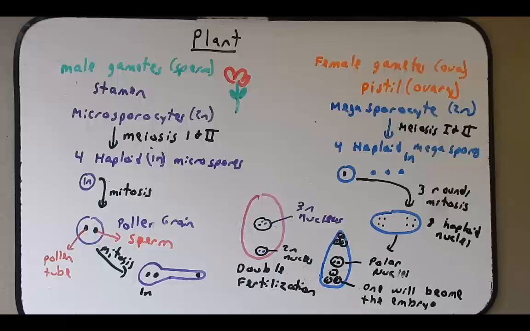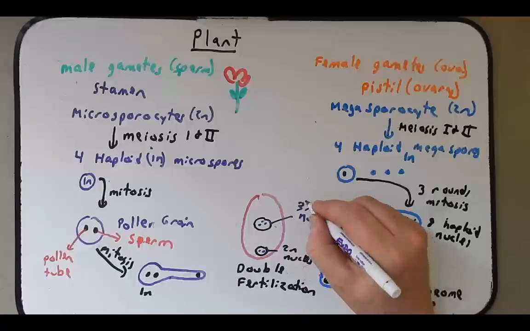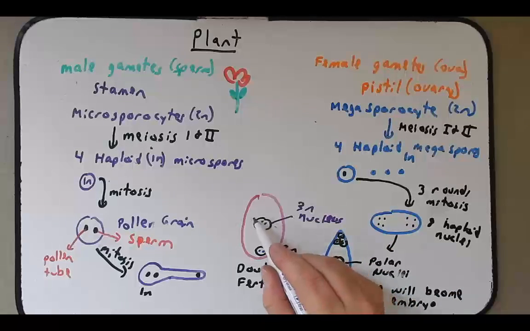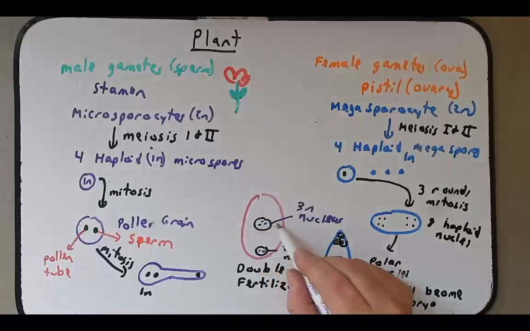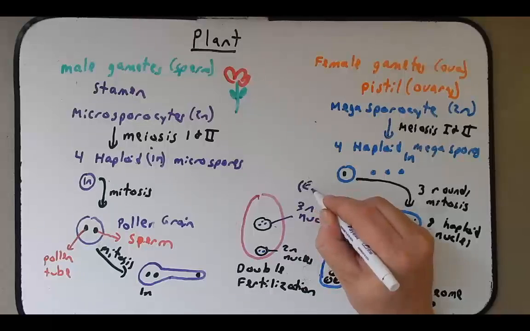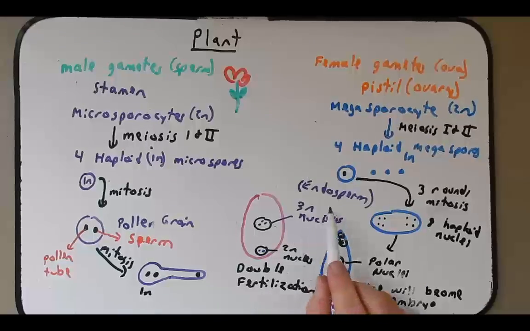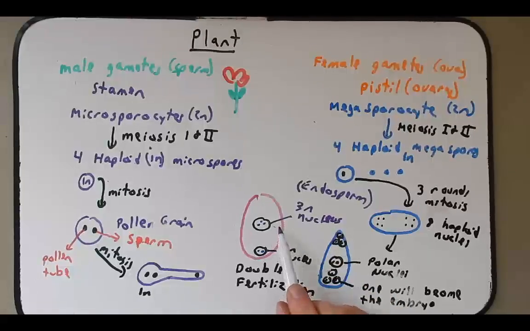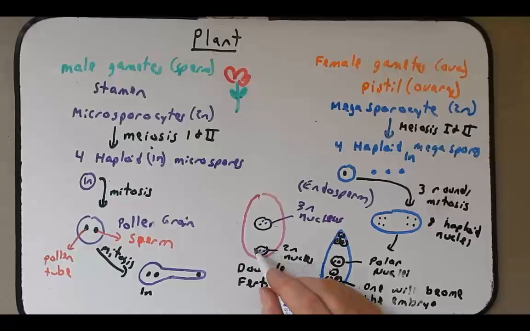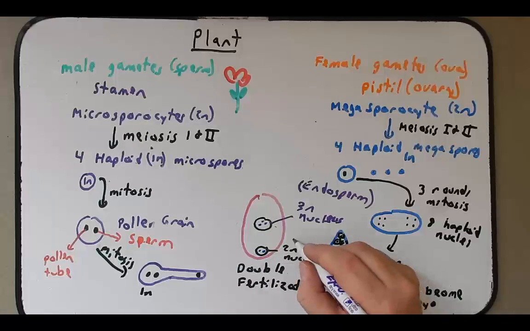I'm running out of room here, but I want to make sure I close on something, and that is that the reason we have this double fertilization is that this structure here, this 3N nucleus, goes on to produce the endosperm. The endosperm will provide protection and nutrients for the developing embryo. And with that said, this down here, this 2N nucleus, will go on to make the embryo.